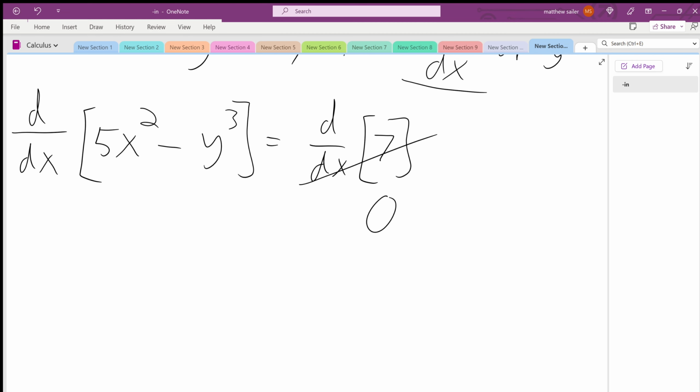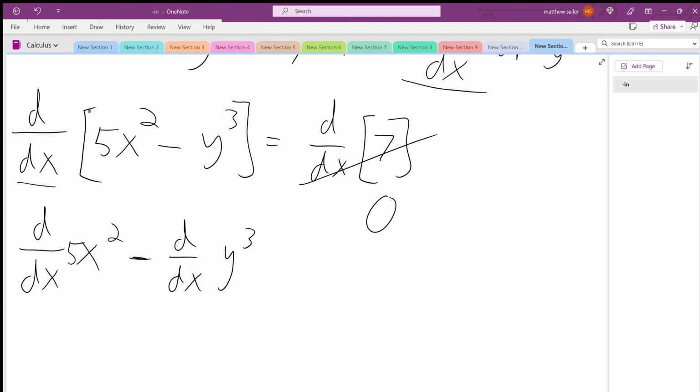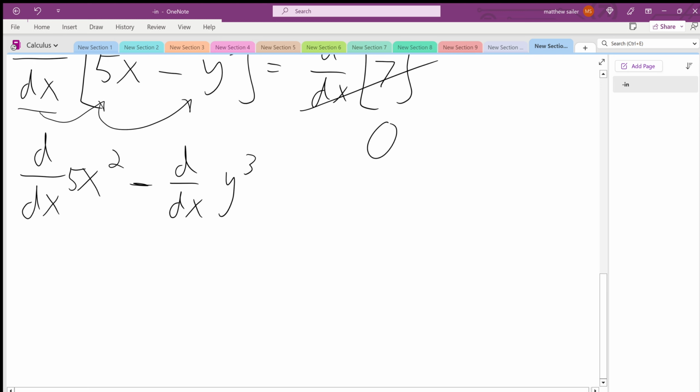The left-hand side, we're going to have to split it up a little bit. So again, with derivative rules, the derivative of 5x squared minus y cubed is the derivative of 5x squared minus the derivative of y cubed, because you can really just pass this derivative operator into each piece to separate it out, make it a little easier.